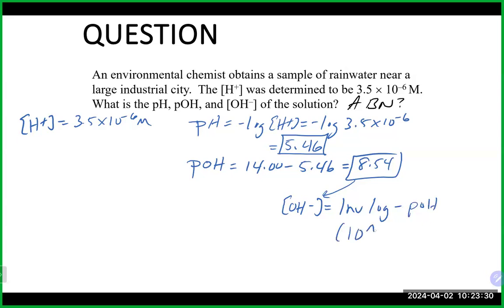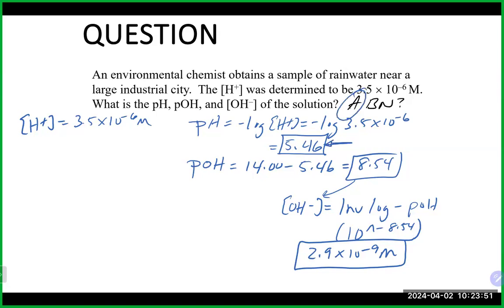So like a 10, a caret, negative 8.54. And that's going to get us a 2.9 times 10 to the minus 9 molar. And lastly here, we do want to make sure we look at the pH, and that is less than 7, which means it should be acidic. Any questions on any of those calculations?